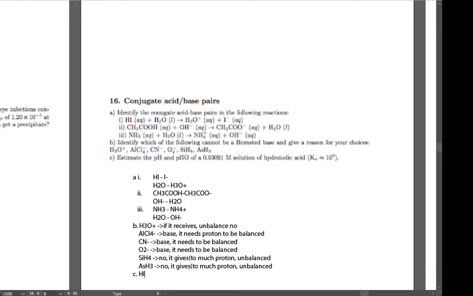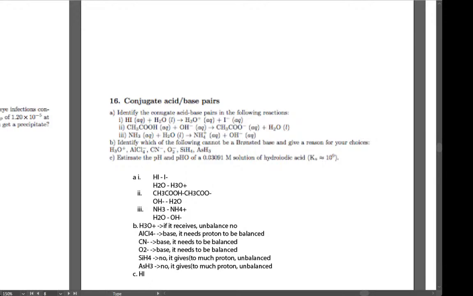So we can say that it's fully dissociated, which means it would separate perfectly.